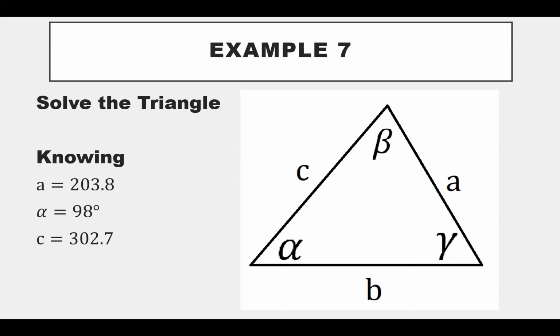Let me give you one example of that. Let's say I wanted to solve the following triangle and somebody told you that the side length of A is 203.8, alpha is 98 degrees, and C is 302.7.